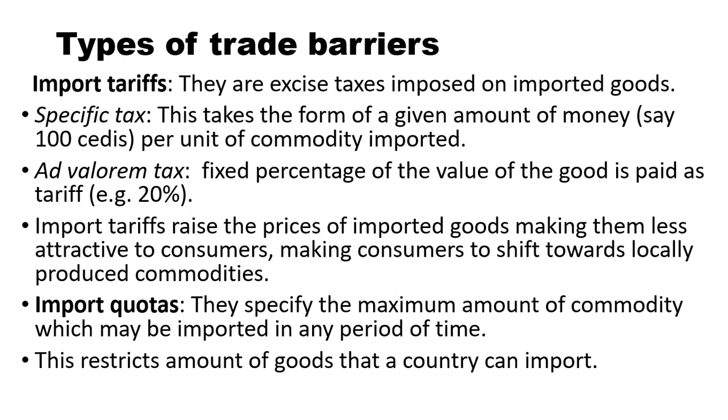So the government can decide to introduce a quota for importation of chicken to the tune of 60 metric tons. It means that the country can only import up to the maximum of 60 metric tons of chicken. Once that 60 metric tons is achieved, you can no longer import beyond that. And that is what we mean by import quota. So the import quota limits how much a country can import at a given period of time.